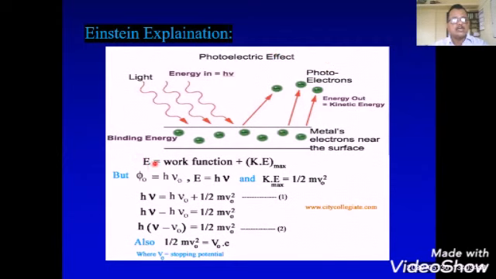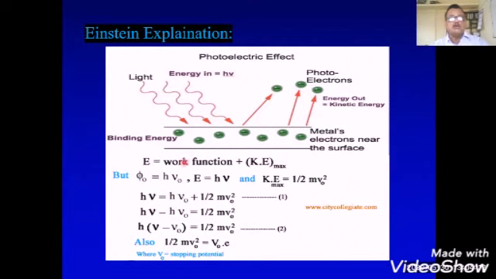So this is the total energy E, the energy of a photon, and this energy is spent in two ways. One, as a work function for the electron to come to the metal surface, and the rest of the energy is used by the electron to shoot with kinetic energy.